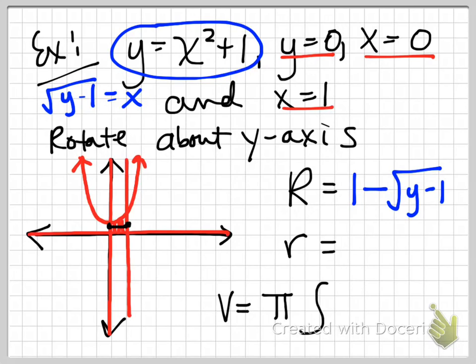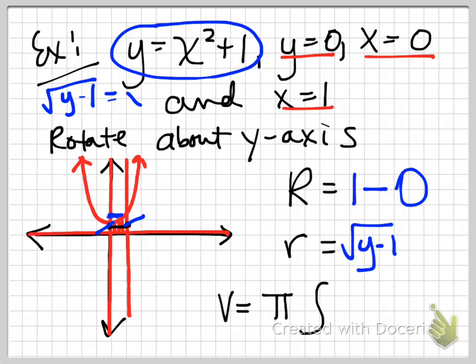That's going to be, okay, I'm lying to you. Let's try that again. It's going to be 1 minus 0 because that's the y-axis. Now when we go back to the y-axis and we go to the shorter distance that's going to create our radius, that's where we're going to have the square root of y minus 1.